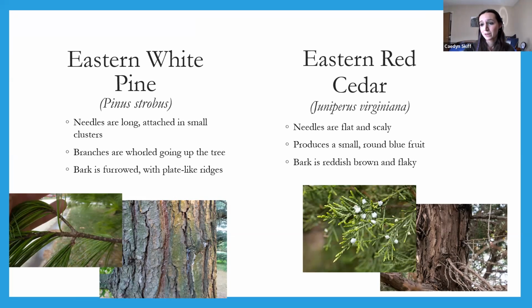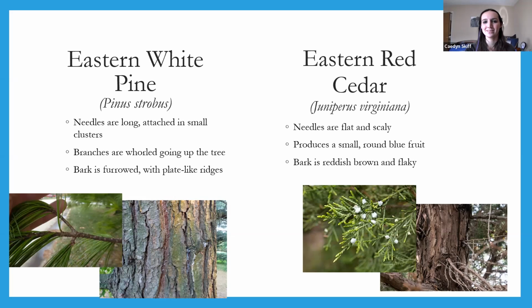My personal favorite conifer that we have, not that I play favorites, is the eastern red cedar. It's got those very flat, scaly leaves. It's got that very distinctive little round blue fruit, which if you crush it, kind of smells like gin.